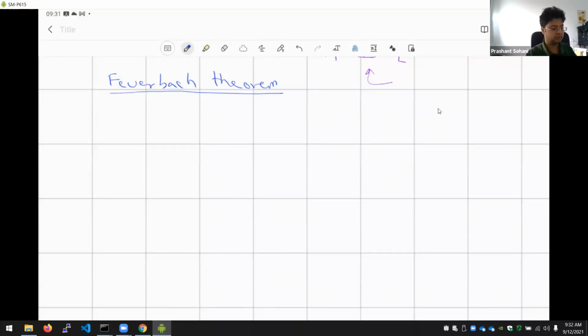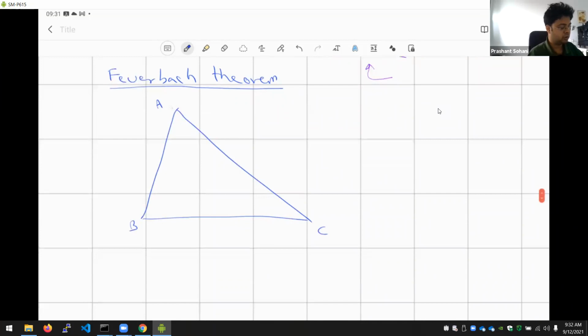So, for example, in a triangle, we all know there is an in-circle, ex-circle configuration. So if I consider the angle bisector, then I can consider the in-circle over here.